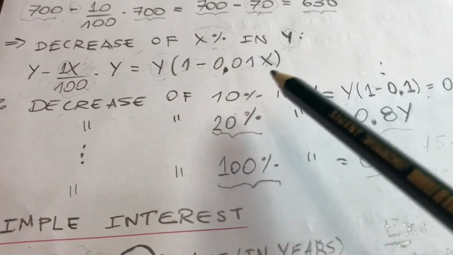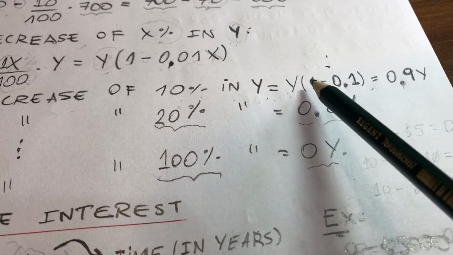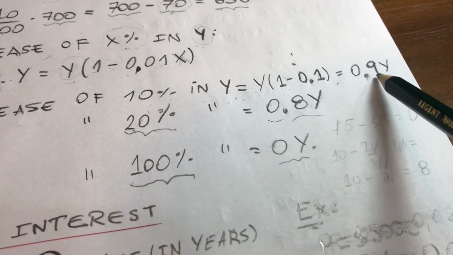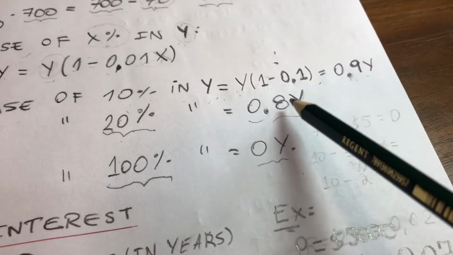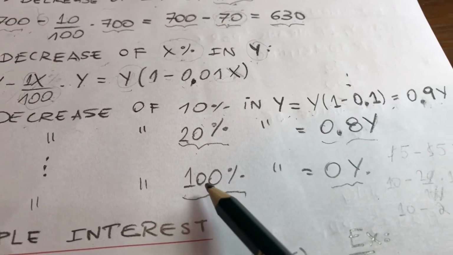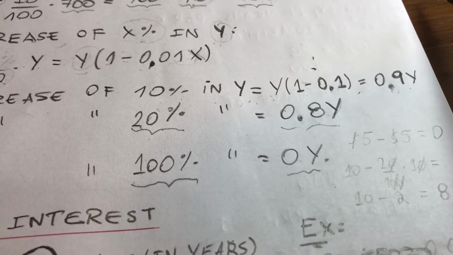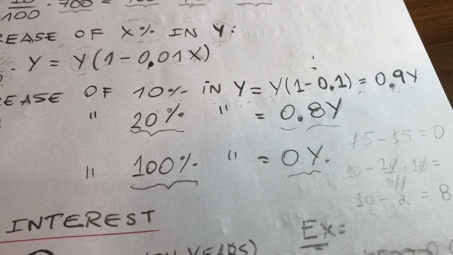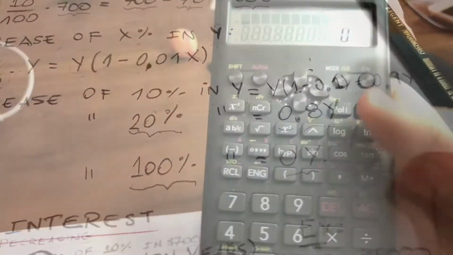So if we have a decrease of 10% in y, we have y multiplying 1 minus 0.1, that is 0.9y. Likewise, a decrease of 20% equals 0.8y. And finally, a decrease of 100% equals 0y. This is quite obvious because 100% is the same number. If we decrease x by x, we're going to have 0.